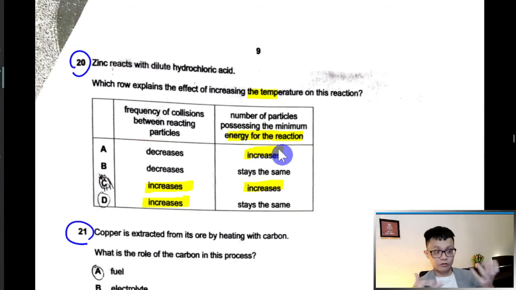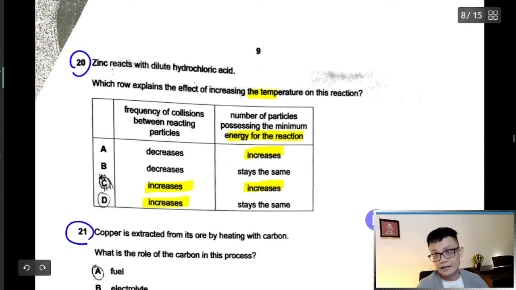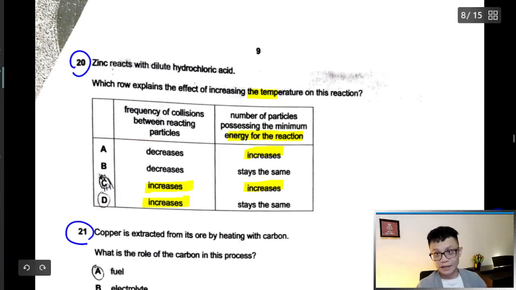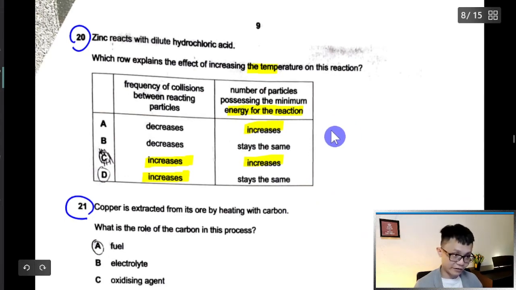For example, like cooking, the energy will increase in the particle itself, but of course when the food cools down, then the energy will decrease, but you have already finished the reaction. Same like cooking. I think it's the first law of thermodynamics, right? Energy cannot be created or destroyed.